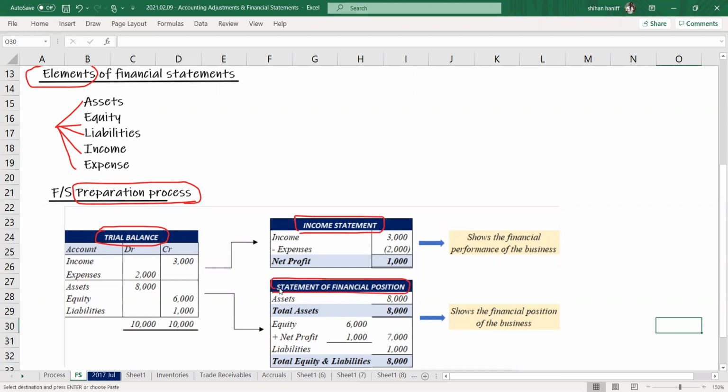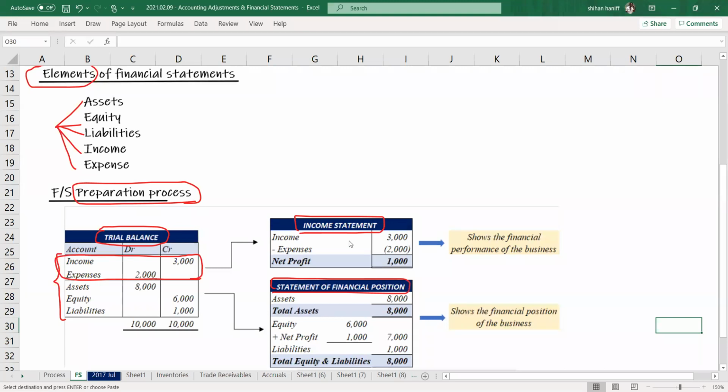In the trial balance we have the elements: income, expenses, assets, equity, liabilities. By taking the income and expenses, we prepare the income statement.